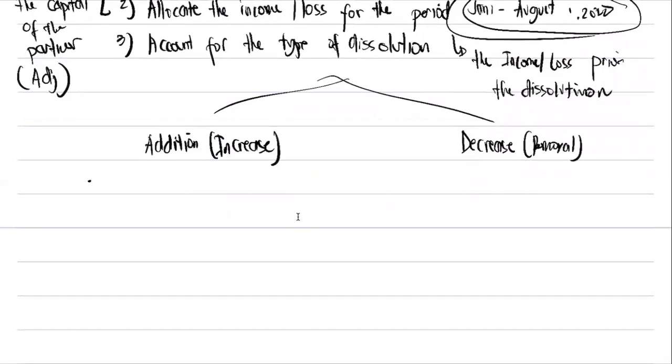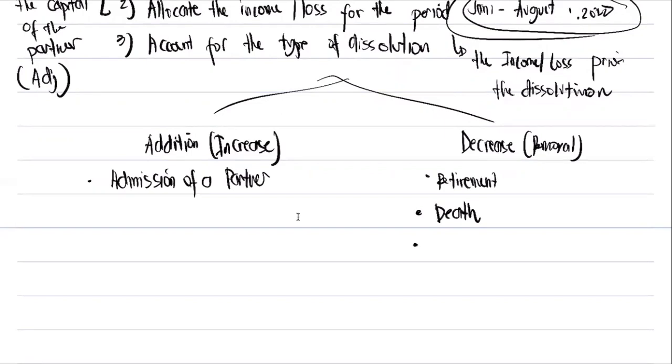We only have admission of a partner. Decrease or removal, we have three. We have first retirement, we have death, and we have withdrawal.